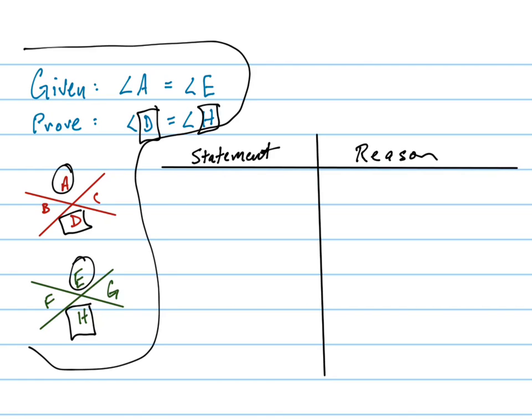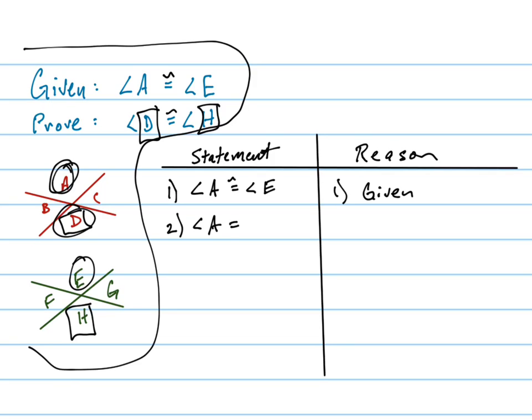So first of all, always start with your given. So 1, and write out numbers, angle A is congruent to angle E, and the reason for number 1 is that it's given. All right. So number 2, just what I thought of over here, I'm going to say, oh, A equals D. So I'm going to write that out.